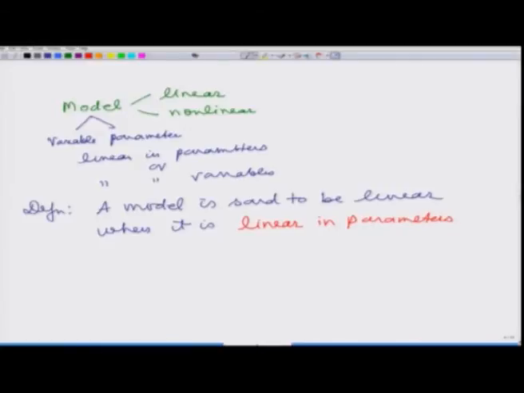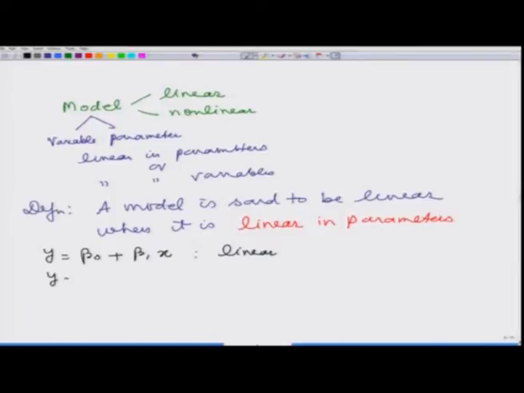So now, just to illustrate it, let me take some examples. Suppose I take a model with only one input variable, something like beta 0 plus beta 1 x. Here there are two parameters, beta 0 and beta 1, and both of them have power 1. So this is going to be a linear model.